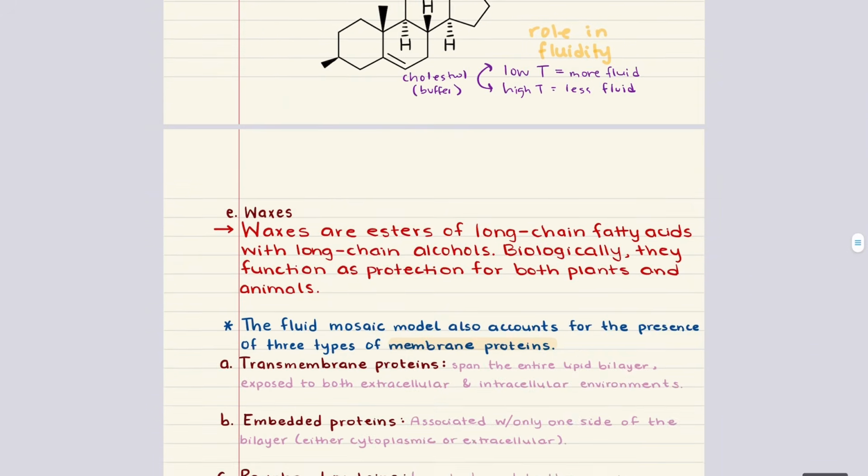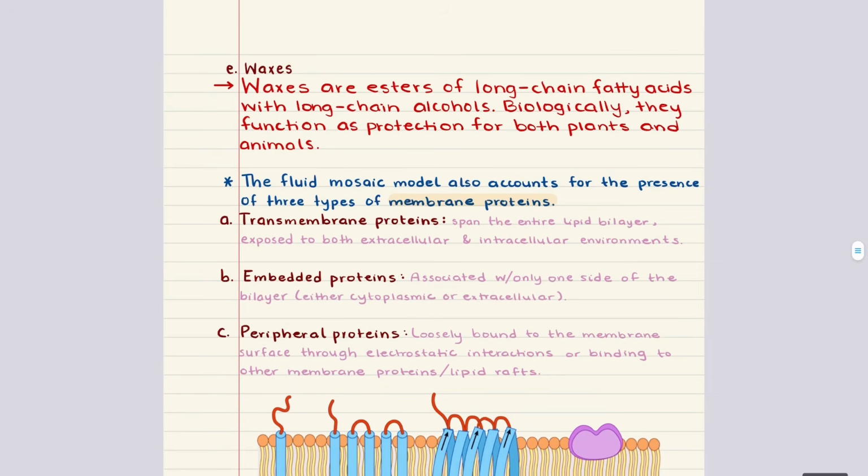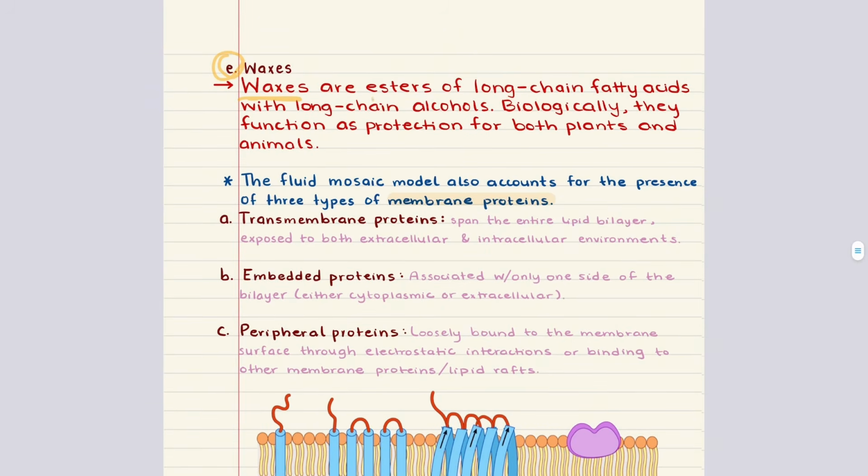Finally, the last lipid we're going to cover is waxes. Waxes are esters made from long-chain fatty acids linked to long-chain alcohols. They are extremely hydrophobic, which makes them great at repelling water. In plants, waxes are often found as a coating on leaves and fruits, and this coating really helps reduce water loss and protect against microorganisms.